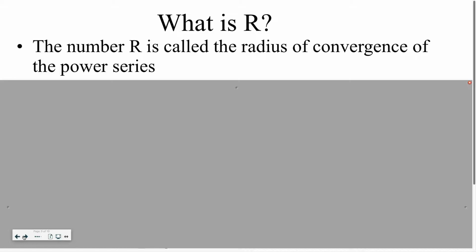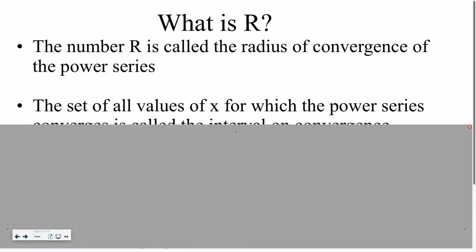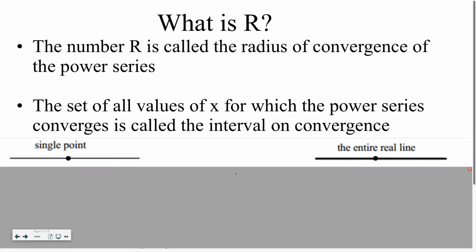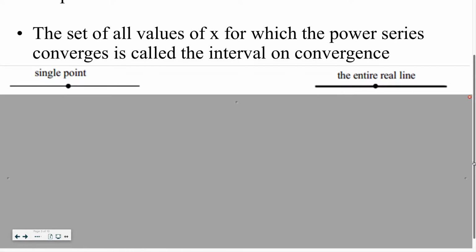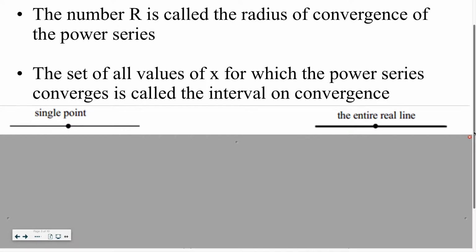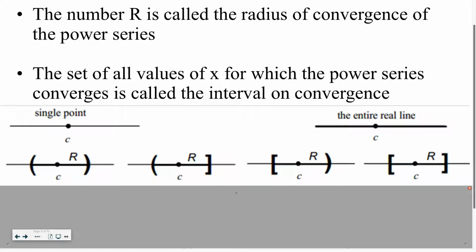And we have now 6 different options that can happen. I'll tell you what it looks like for R if we have the single point or an entire line, so hold off on those. But when we look at our radius of convergence, we will also have to take into consideration, do we converge at the endpoints or not? Here's where those other tests, besides the ratio test, will help us.